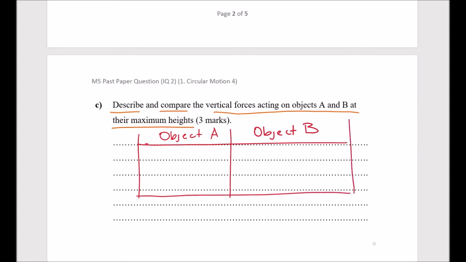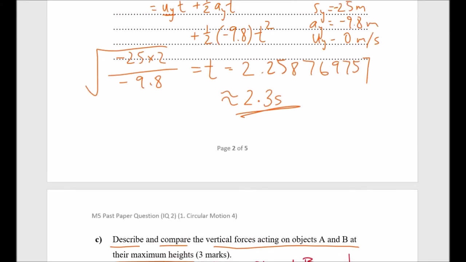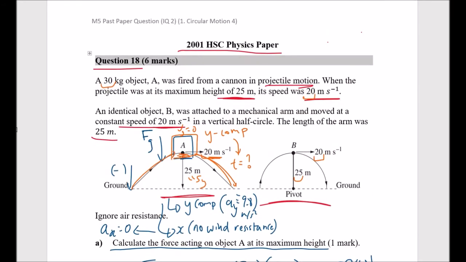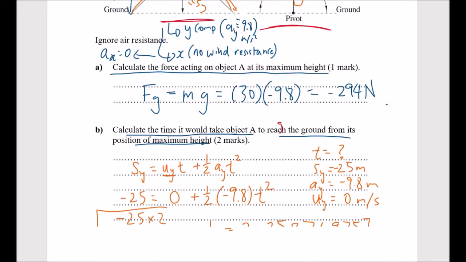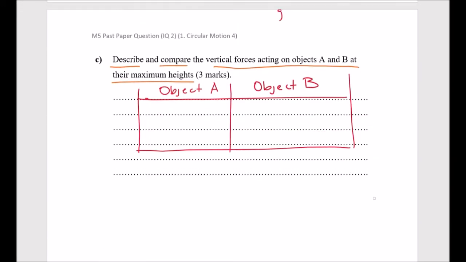Now, obviously, both objects have mass. That's given to you in the question already. Identical cannonballs. So if they both have mass, they're both going to have a gravitational weight force.